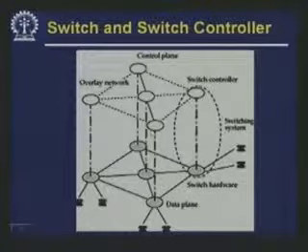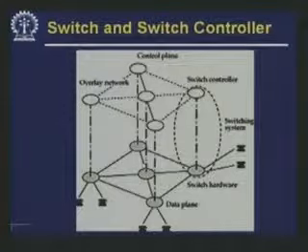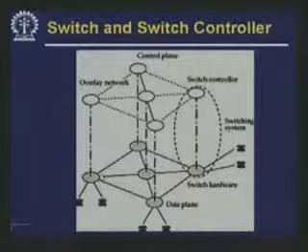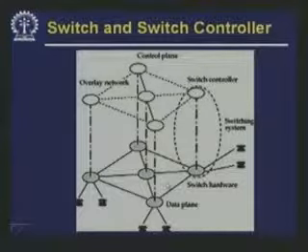So, in the control plane we set up the path, and there is a corresponding signal from the controller to the corresponding switch for setting up a particular circuit or connection, so that an end-to-end connection from one user to the other is set up. This control plane is sort of an overlay network over the actual switch, and once the connection is set up, naturally all the call and all the signals flow in this plane.